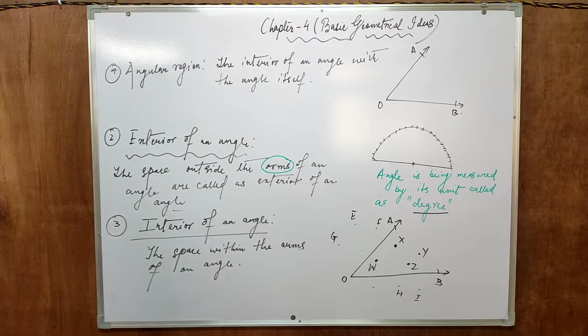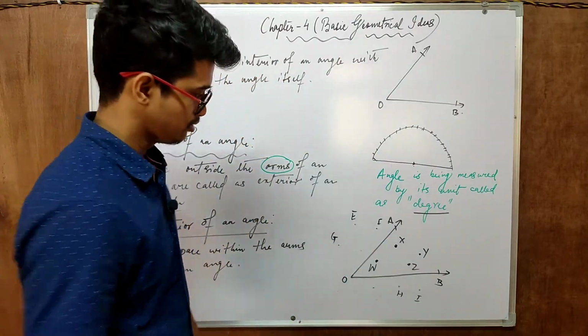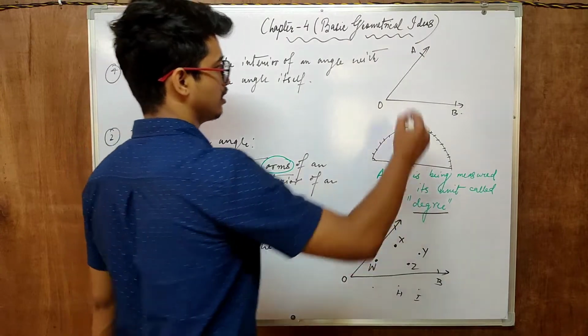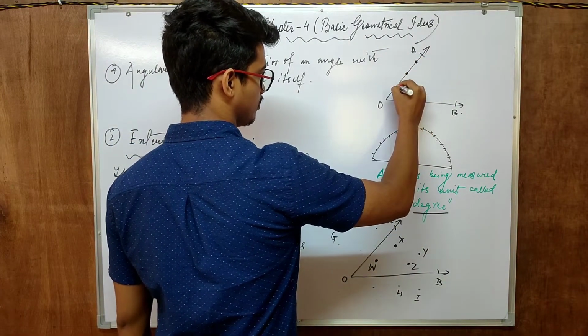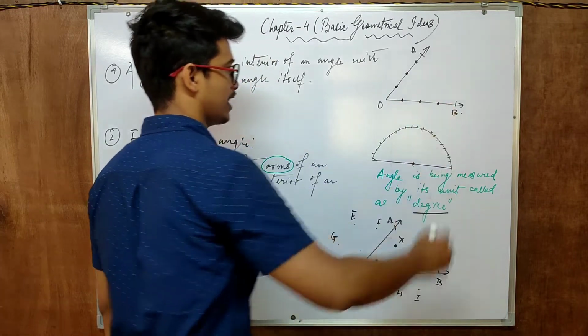So what is the specification of this? Right now we have discussed exterior and interior. So one more thing is left. If you just see these points which are on the arms, these points are known as angular points.